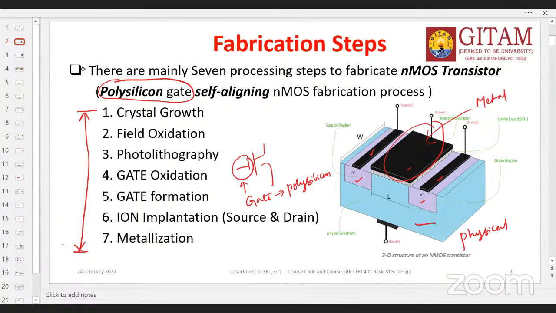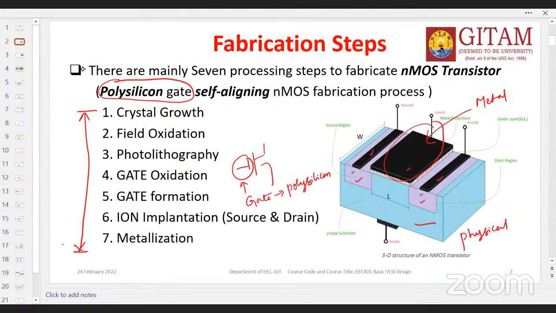In the initial days, people used metal, but they found some kind of problem. After source and drain realization, we have to place the gate. The formation of the source and drain needs very high temperature.